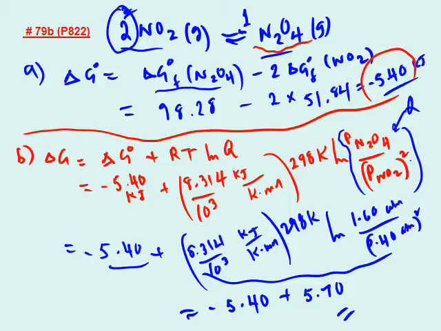And that gives plus 0.30 kilojoule. And that's the answer, because they wanted to know the change in free energy under non-standard condition when the pressure of N2O4 is 1.60 atmosphere and the pressure of NO2 is 0.40 atmosphere.